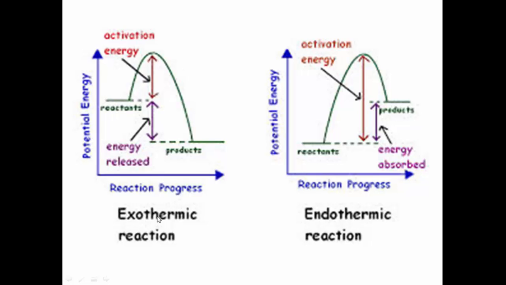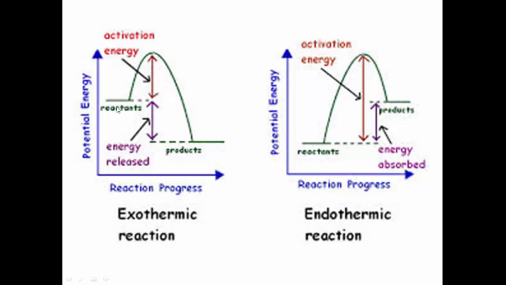So if you look here at exothermic, we don't have to go up from the reactants to the products. We're actually going down. So you're having some of that heat give off into the surroundings before you can get to your products. Whereas if you look at an endothermic reaction, your reactants are below your products, so you have to add heat to your reactants to get enough energy to produce your products.